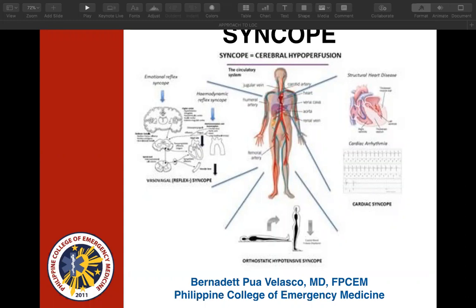So it needs 35% or more reduction before it produces unconsciousness. Any mechanism that adversely affects the components of perfusion, for example cardiac output, systemic vascular resistance, blood volume, and regional vascular resistance, can cause syncope.